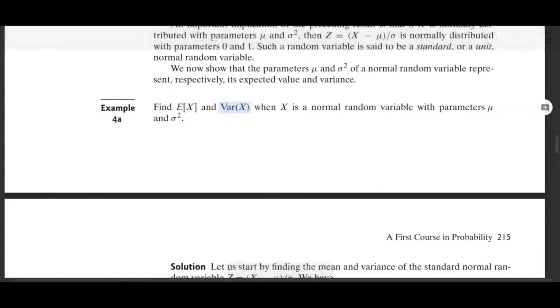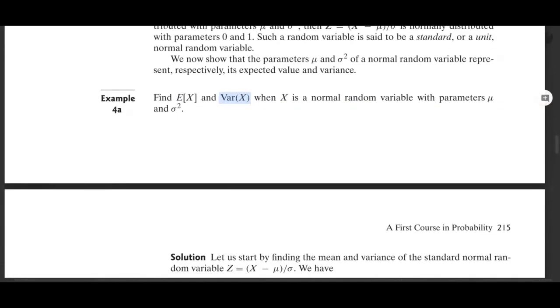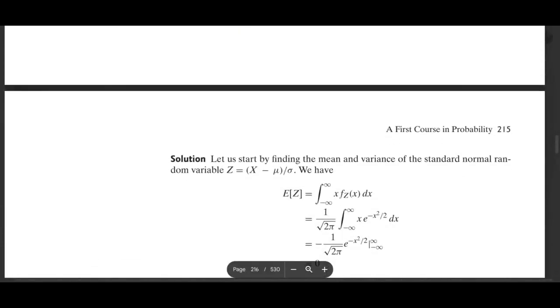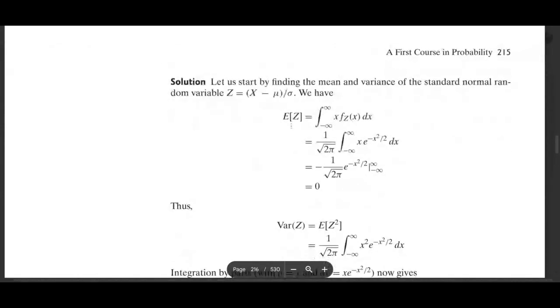So we want to calculate E of X and variance of X, when X is a normal random variable with parameters mu and sigma squared. So the expected value of Z, the standard normal distribution: integral of x times the density function, f of x, e to the negative x squared over 2.